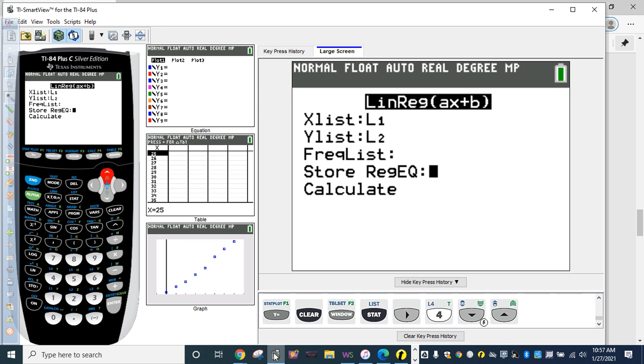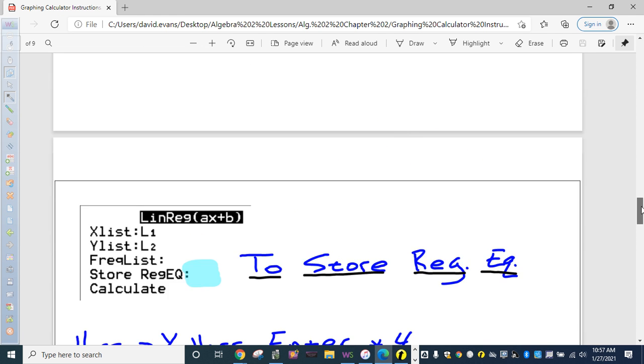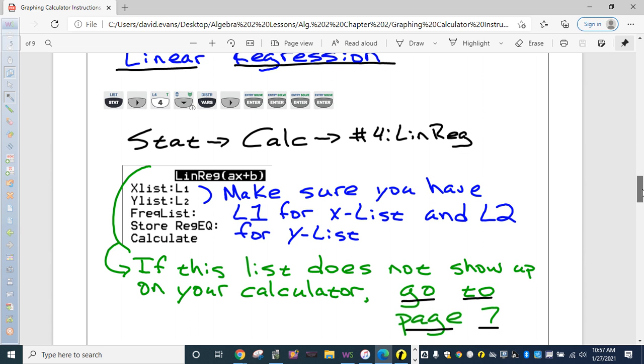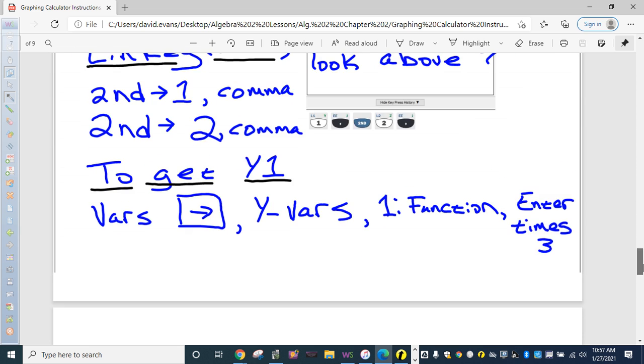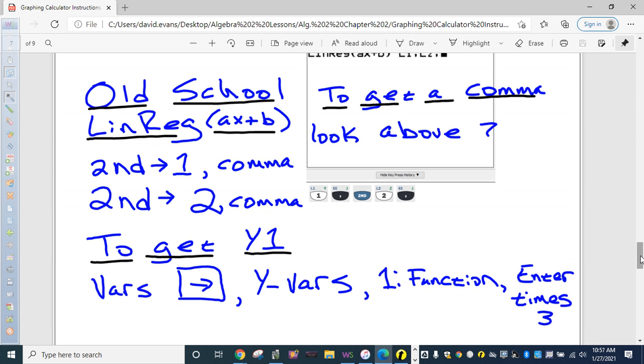So you need this direction here, Lydia. You need page 7, this one. So you do stat calc 4. So you got the LinReg thing like that right up there. Can you see that? See that that's got a Z right there? Is there something else in front of that?